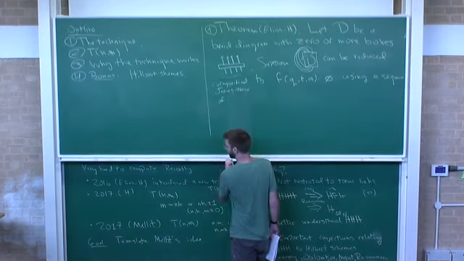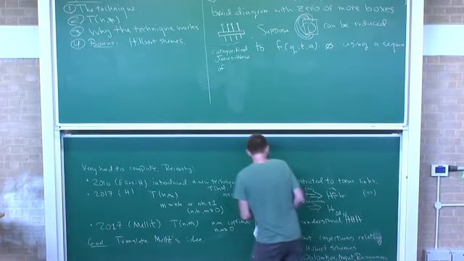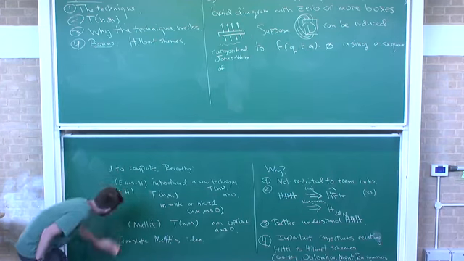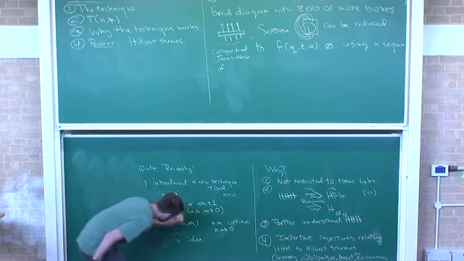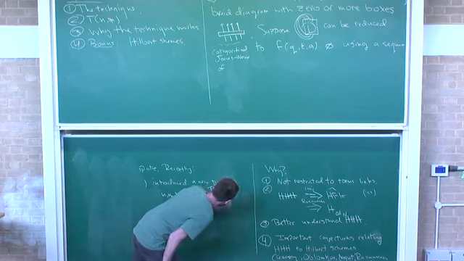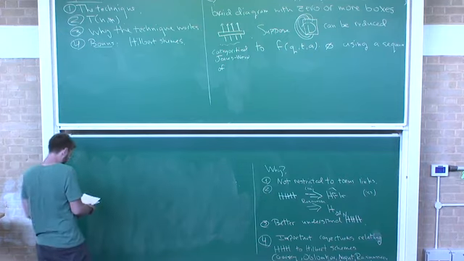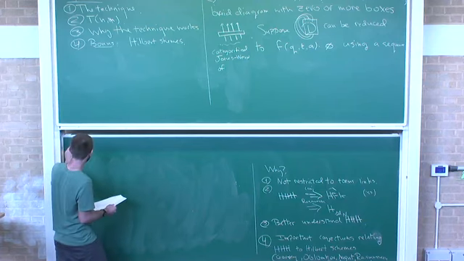Okay, now let me try to be careful about fitting these all in one place. So we first off have braid-like isotopies.